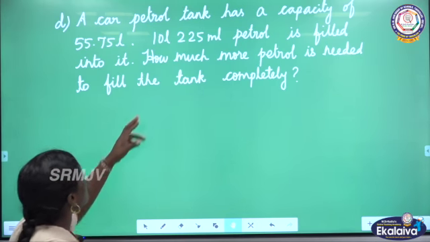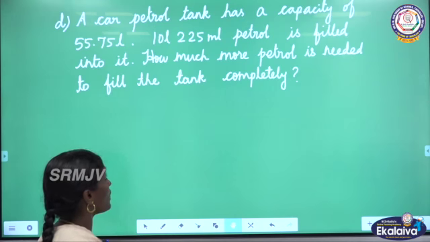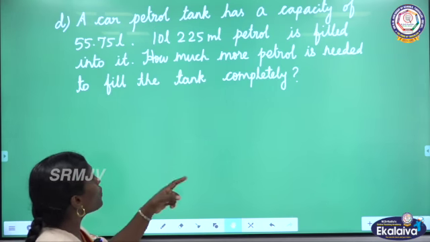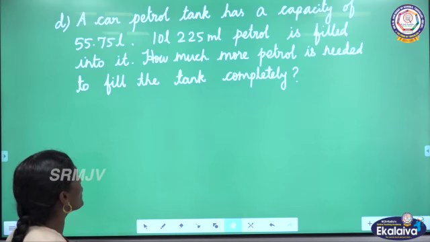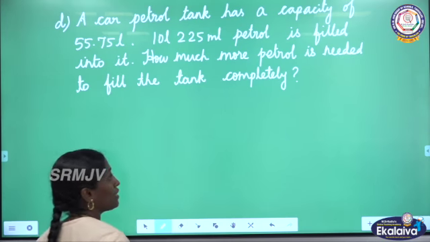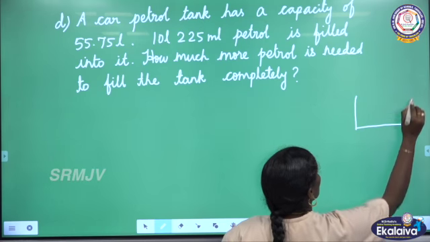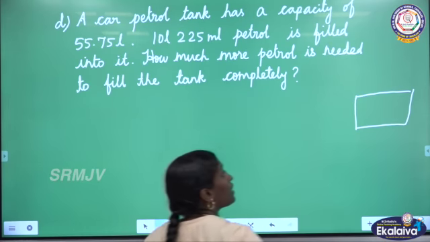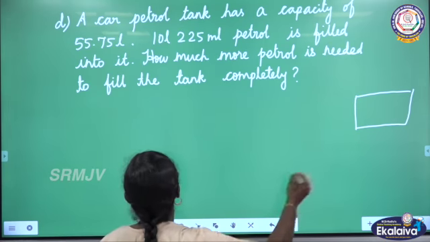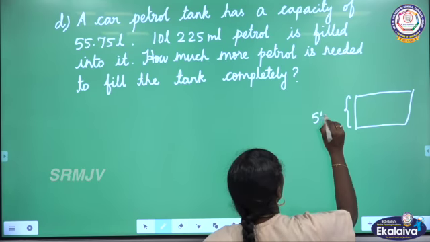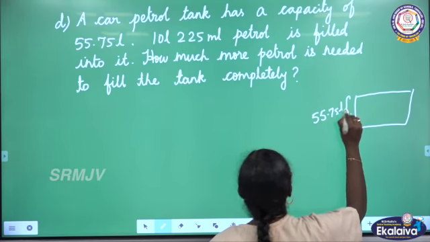Then the next question: a car petrol tank has a capacity of 55.75 liter. Here 10 liter 225 milliliter petrol is filled into it. How much more petrol is needed to fill the tank completely? See, let us consider a tank of the car. Here the total capacity is 55.75 liter.